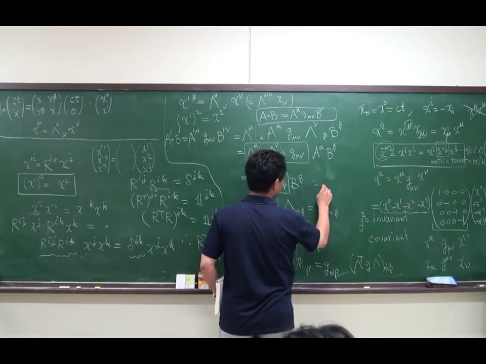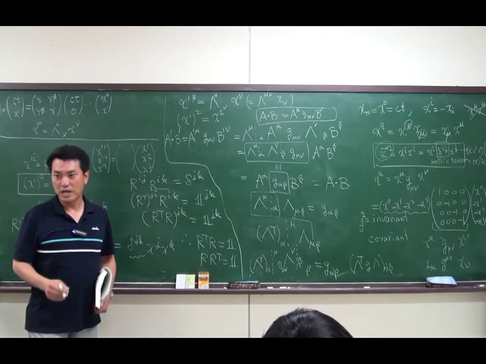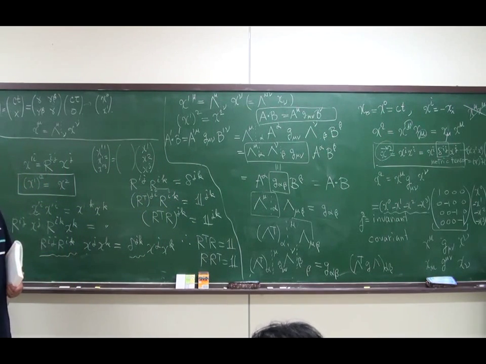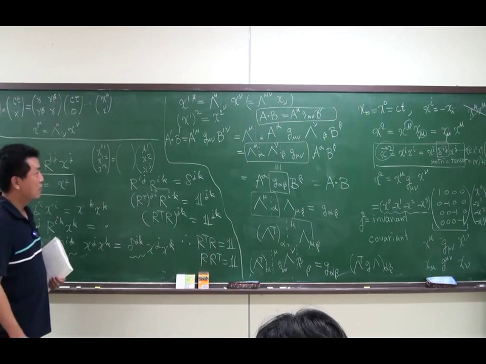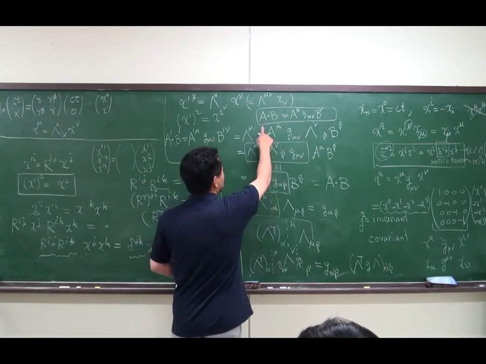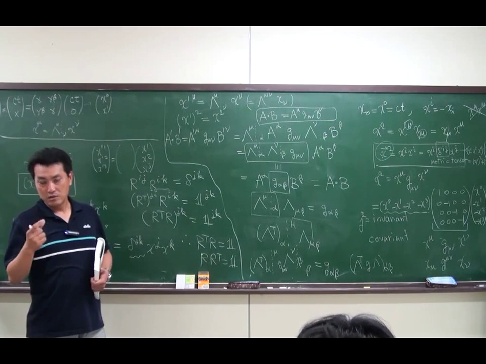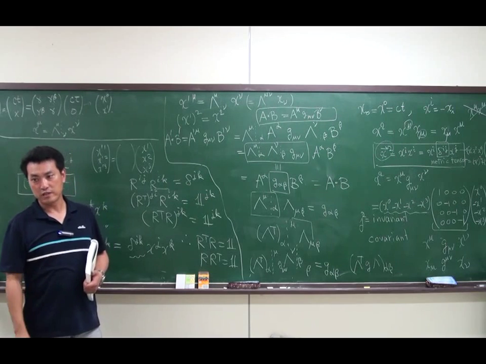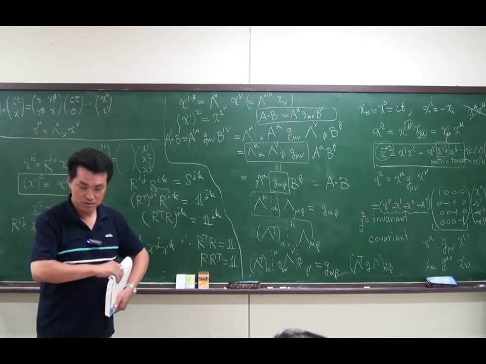So this is A dot B. Although we have shown that the square of a 4 displacement is invariant on the Lorentz transformation, it is true for the scalar product between any 2 4 vectors. So this is a very powerful condition.